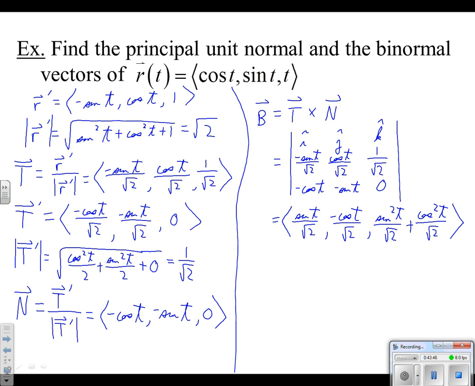So all this simplifies to be sine t over radical 2, negative cosine t over radical 2, comma, 1 over radical 2.